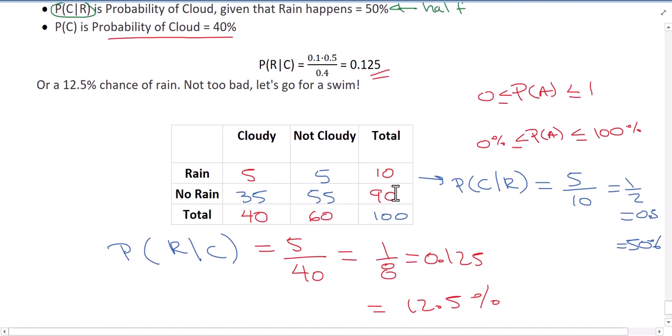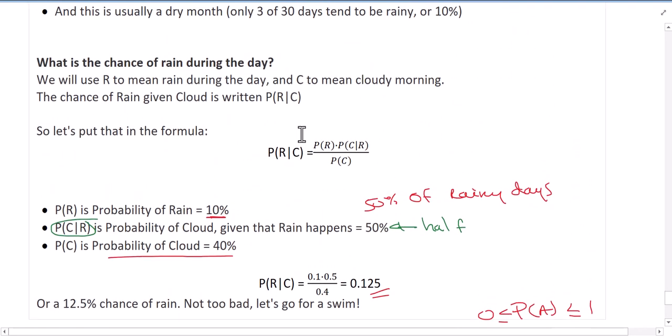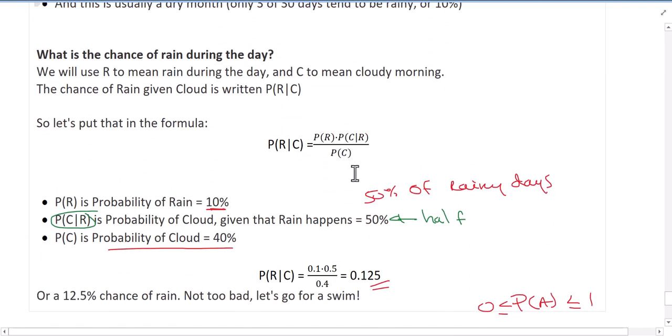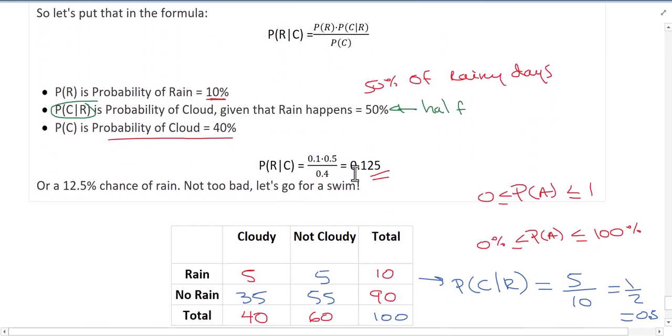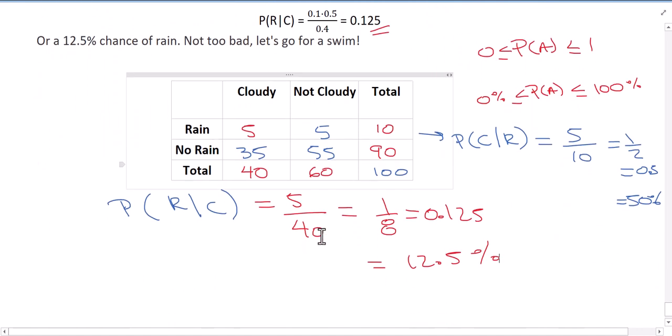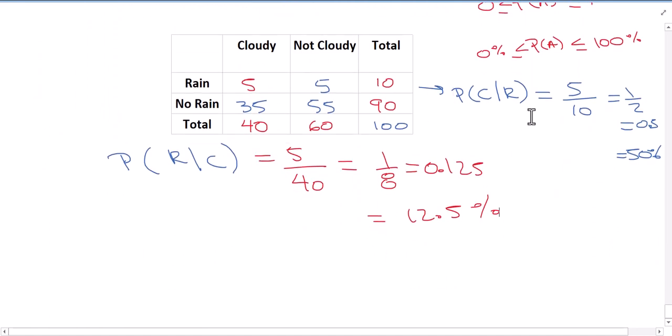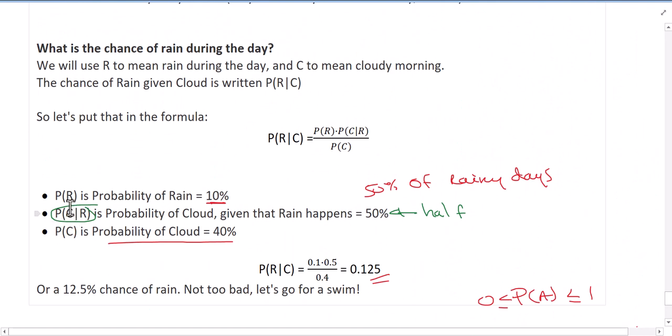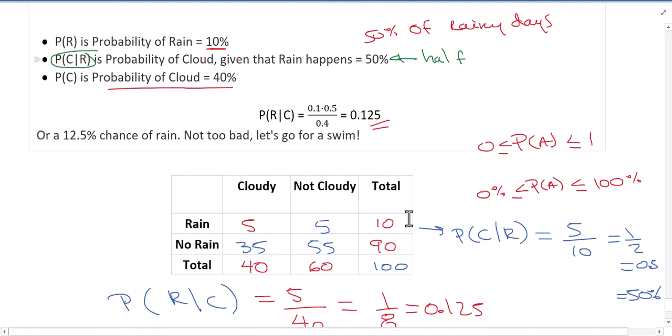So I wanted to just do the table because sometimes looking at these formulas can be daunting or may seem confusing. And how do you get all that data and organize it? And how do you decipher things from it? So having a table can make things a little bit better, right? Like here, just to verify that the probability of cloud given rain is 50%, we can do that here.